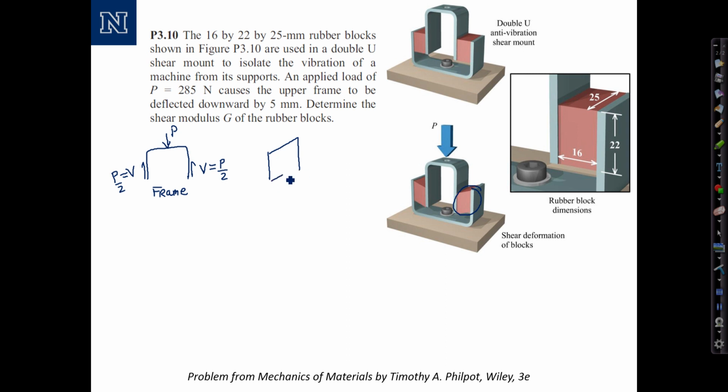It's deformed in shear, so in other words it has applied shear force on each side, and the dimensions of the block from the side view are this dimension 16 millimeters, this dimension before being deformed is 22 millimeters, and then we're also given the information that the upper frame is deflected downward by 5 millimeters. So in other words, this downward movement delta equals 5 millimeters.